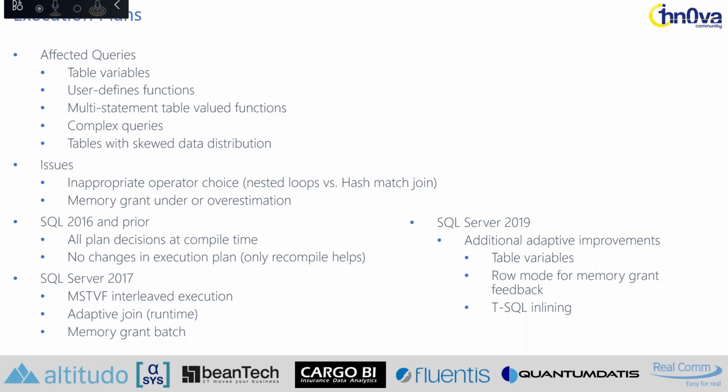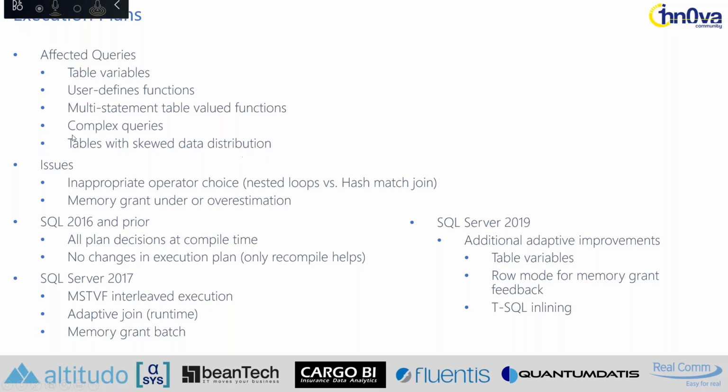How does intelligent query processing affect your queries? Well, it will affect your queries if you have table variables in them, user-defined functions, multi-statement table valued functions, complex queries, or tables with skewed data distribution.